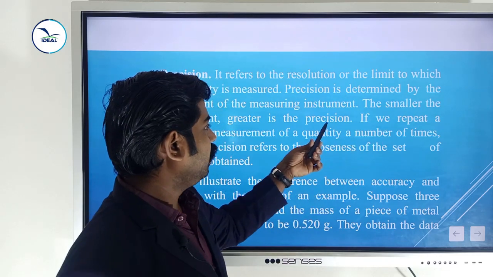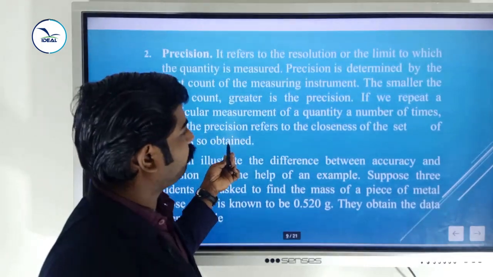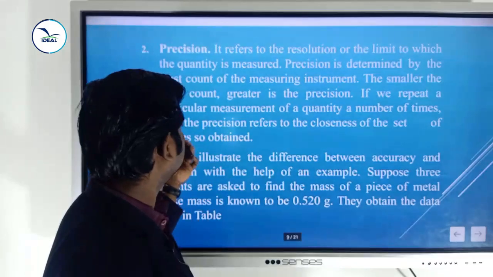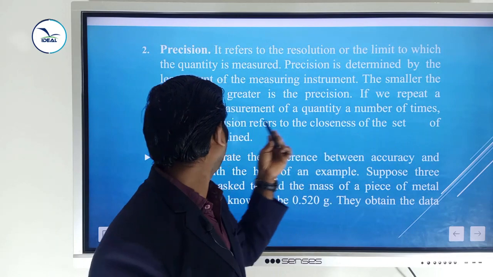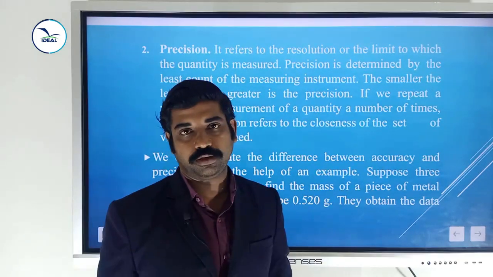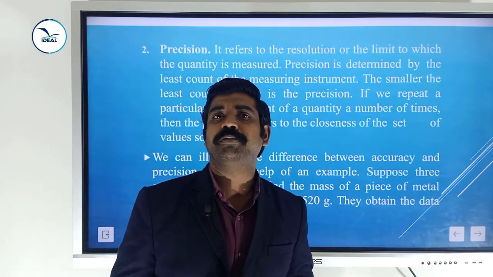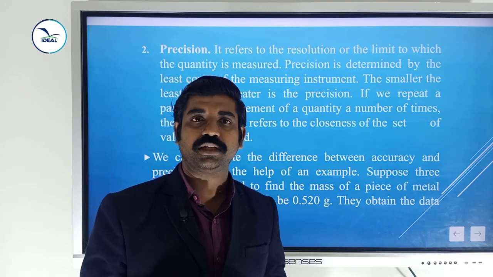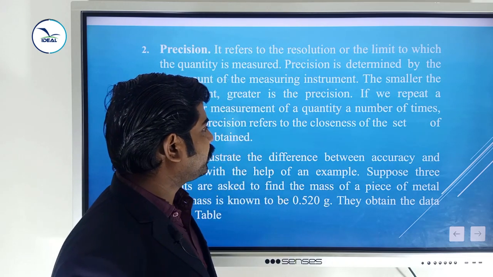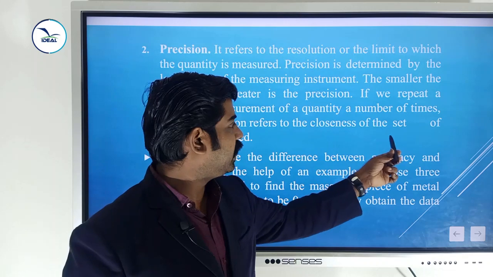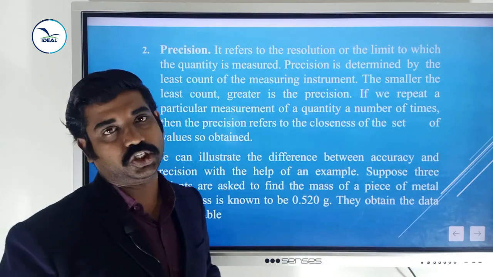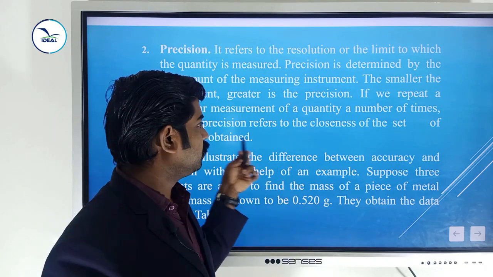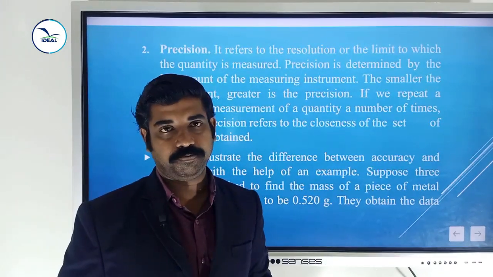If we repeat a particular measurement of a quantity a number of times, then the precision refers to the closeness of the set of values so obtained. If we are repeating some experiments or taking some measurements, then the closeness of that set of values obtained refers to the precision.